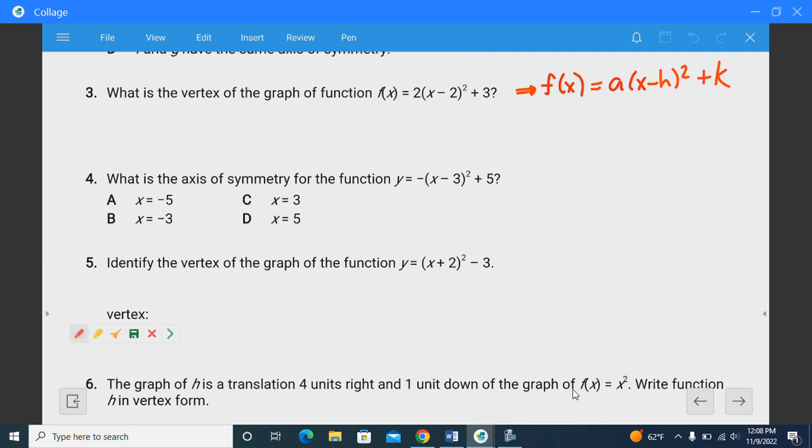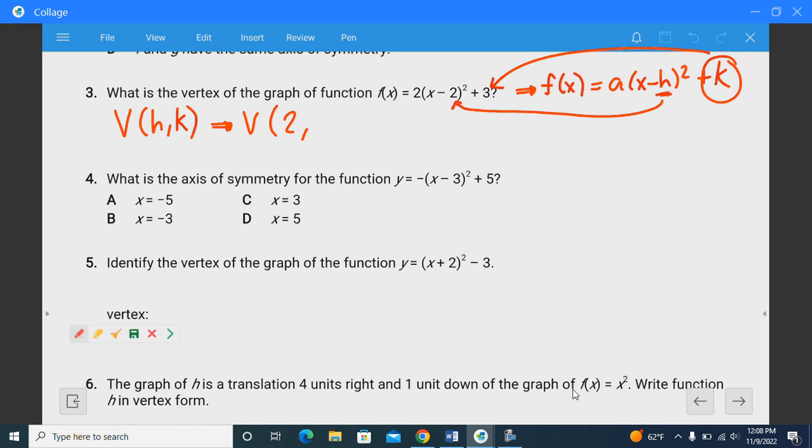The vertex is h, k. Let's find h. What is h? h is 2. And k is 3. Therefore, our vertex is 2, 3.